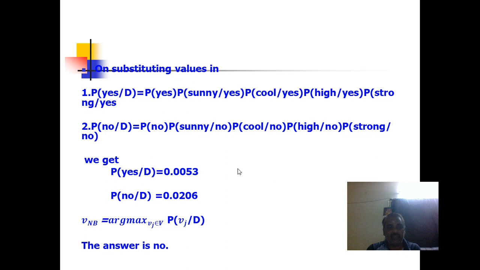So based on our algorithm, VNB is equal to argmax over Vj, an element of capital V, of P of Vj given capital D, we find the maximum value is 0.0206. So the corresponding target value is no. So the answer is no. We can conclude the person may not play. We will say the person will not play tennis.